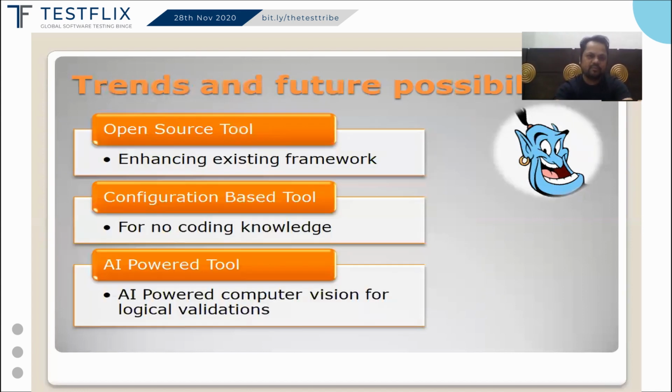Then last, let's talk about some of the trends and the future possibilities, guys. As I mentioned, tools can be open source or proprietary, but they will fall into two categories: code based, where you need to write a script, or a configuration based tool. And there are a lot of things happening, as I mentioned, like AI powered computer vision and other things coming into the tools, which are actually doing very good quality testing when doing a visual validation.